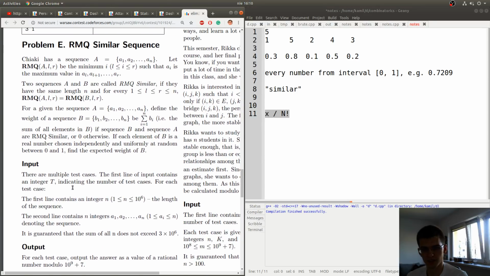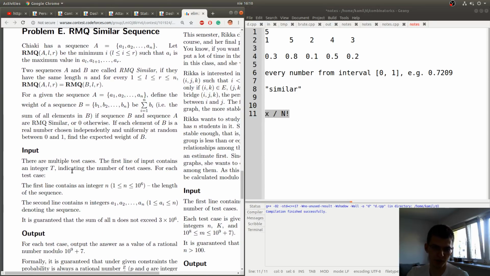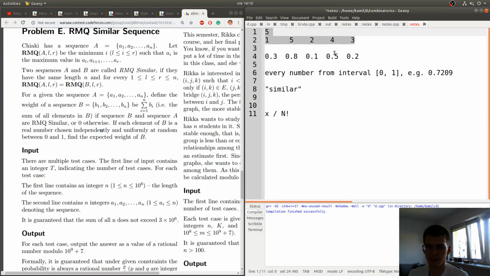Later you will be able to watch the whole stream, so you will be able to see the statements. The current one is: given a sequence, we generate a new random sequence, and we want to find the probability that it's similar, with some definition, to the given sequence.